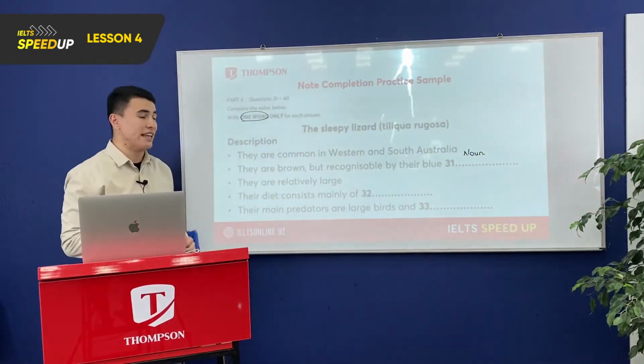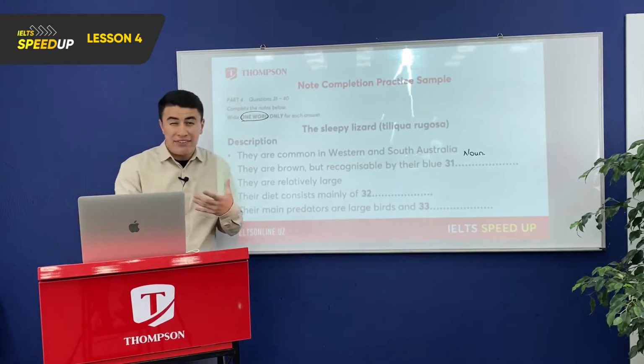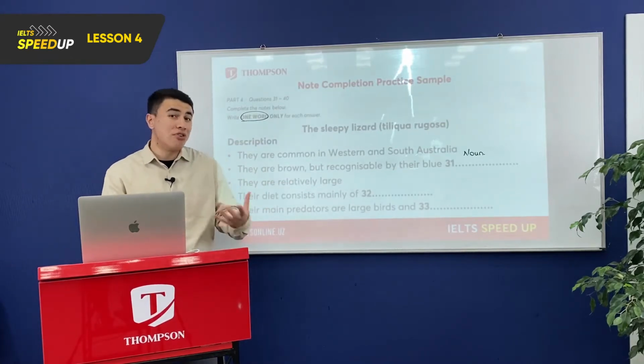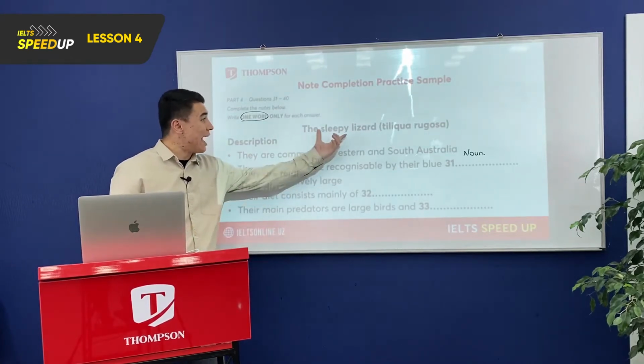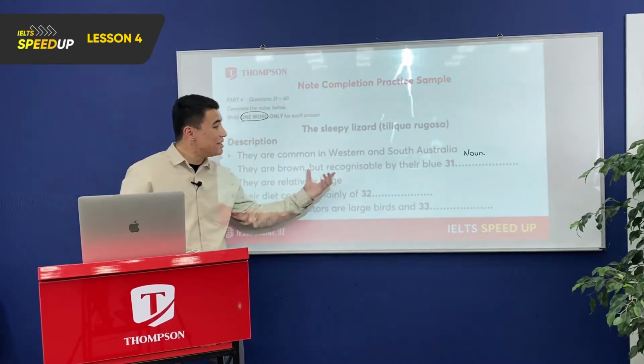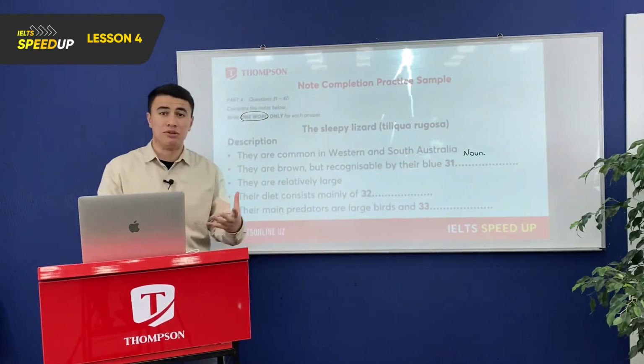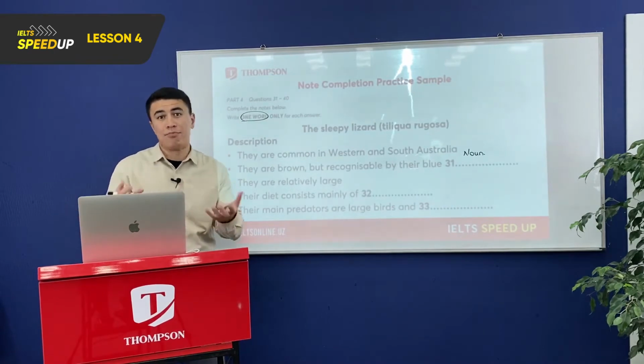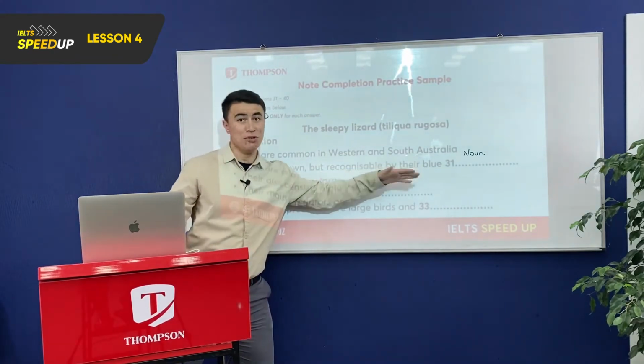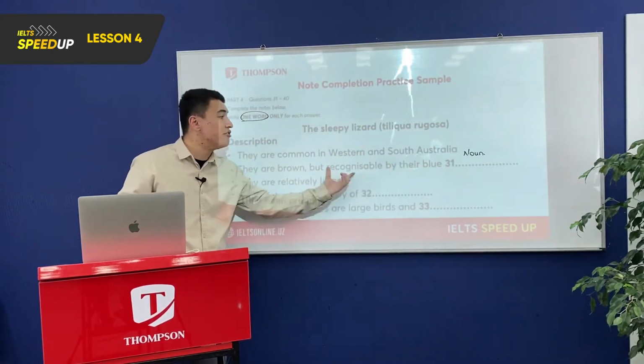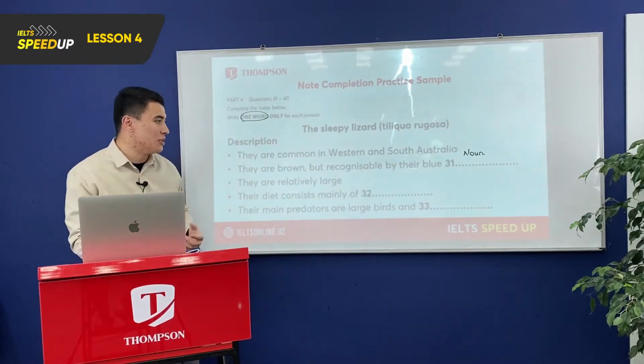This is the first thing. And of course, you can think logically. They are brown, so the color of this animal is brown but recognizable by their blue. So a certain part of their body can be blue, so you can differentiate, recognize them or distinguish them.